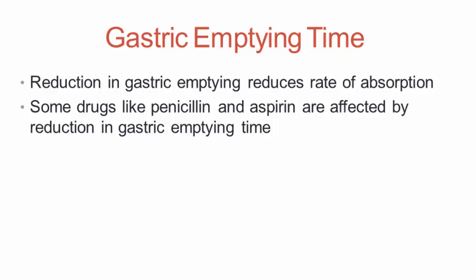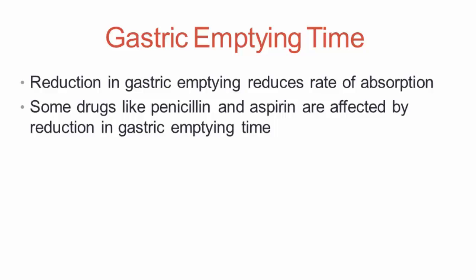Some drugs like penicillin and aspirin are affected by the reduction in gastric emptying time. When aspirin is taken and there is a reduction of gastric emptying, it dissolves in the stomach itself and then irritates the gastric mucosa.